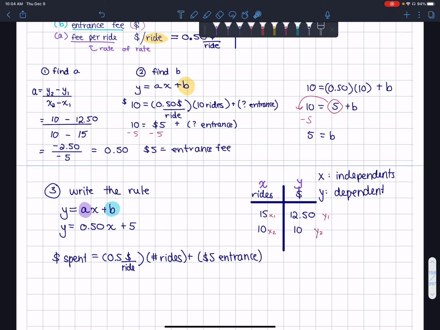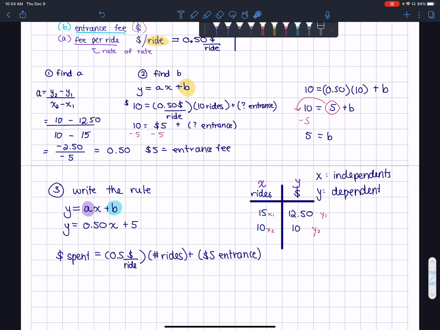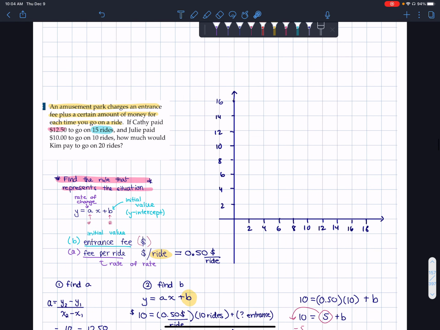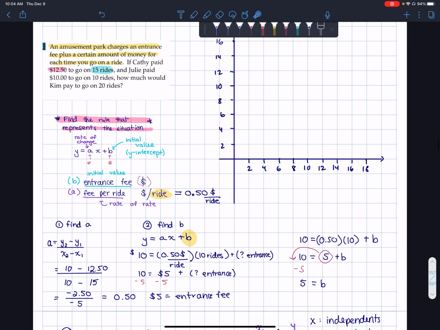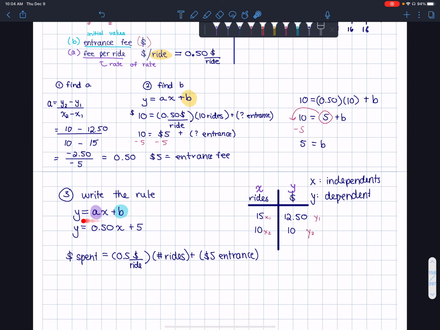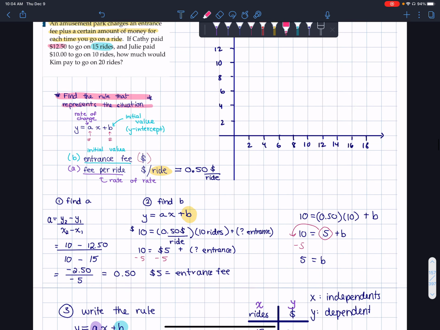So that's what this very simply, in not a lot of words, not a lot of letters, represents this entire situation. So when you have these word problems, that's the goal. The goal is to get to this part. And once you get to this part, you can finally answer the question.